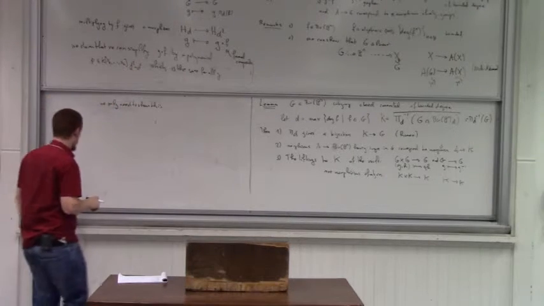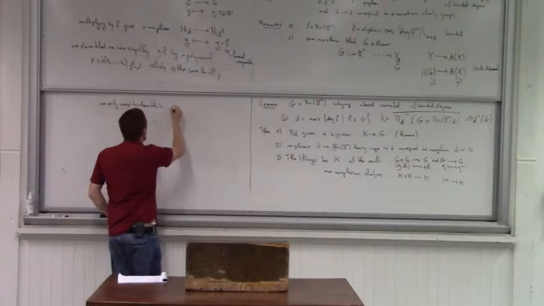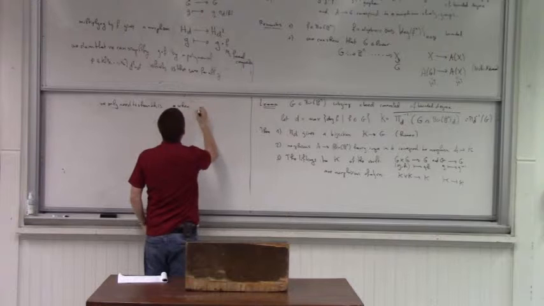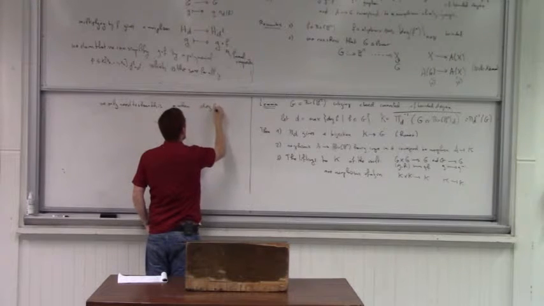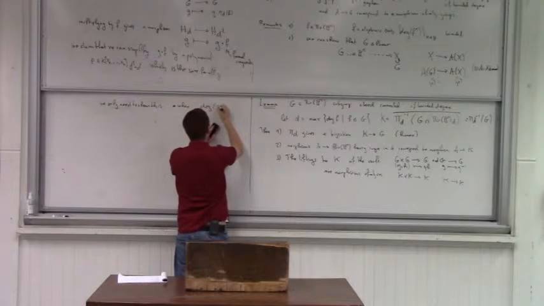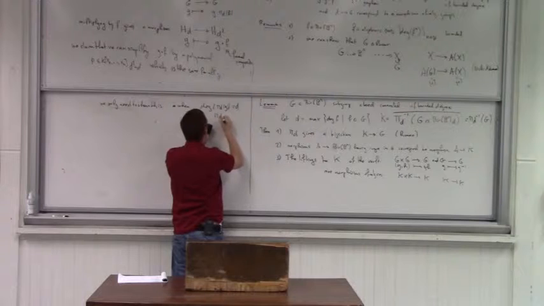I just need an open subset, where I take the degree of pi d of g to be d.